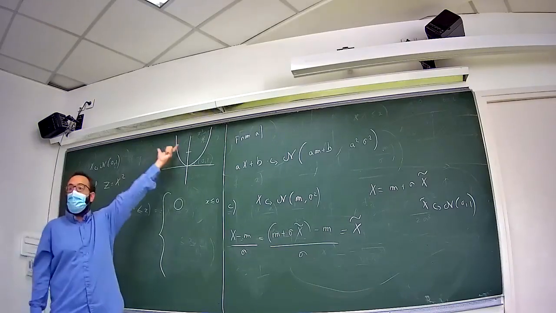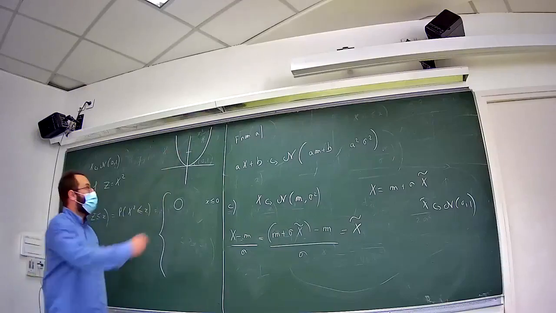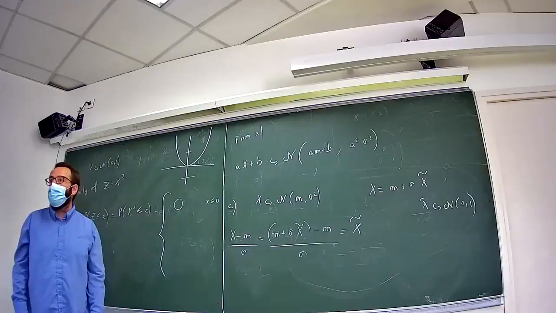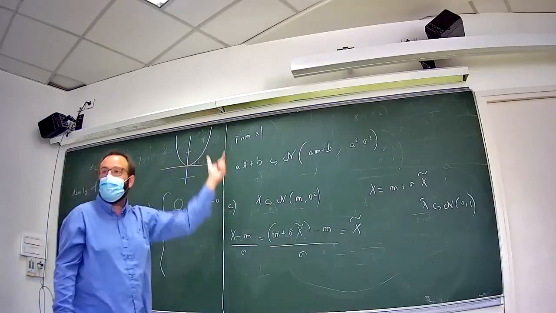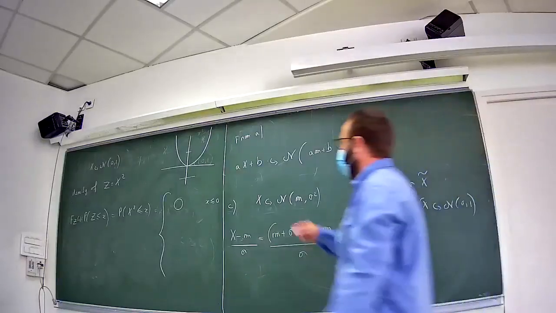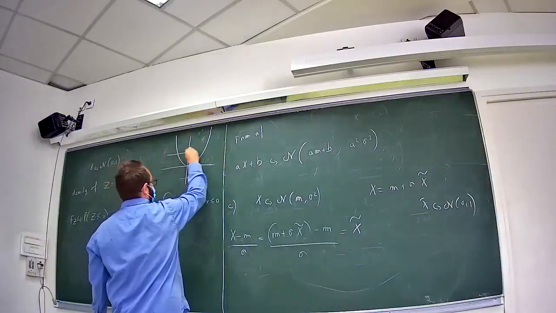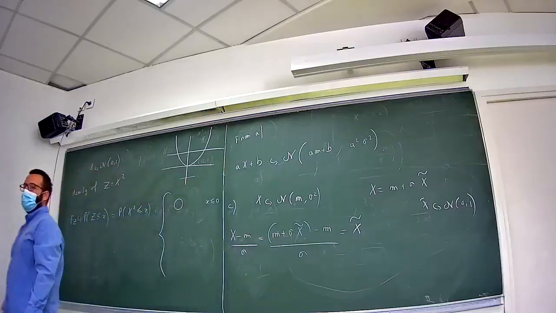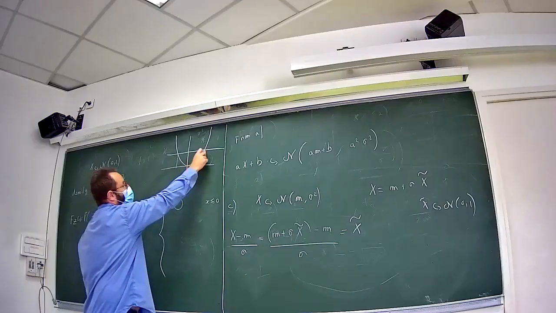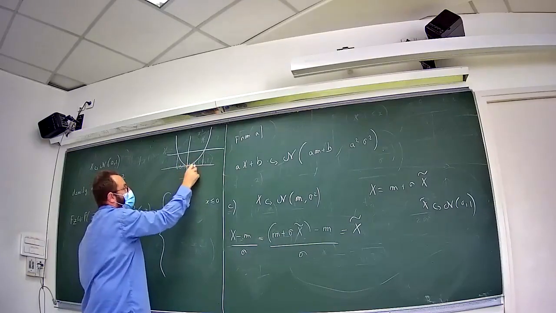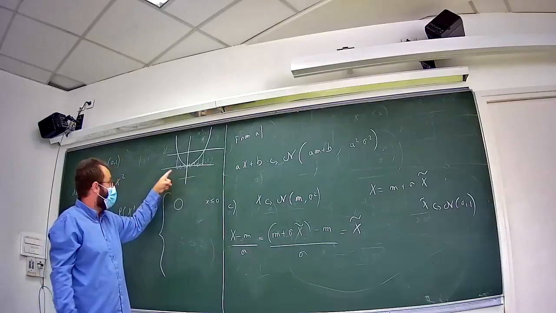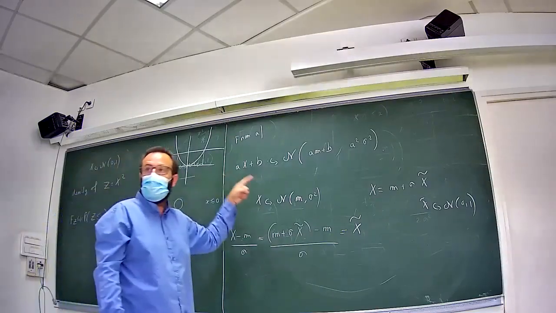If I see my curve here, that is the curve of the square, and I ask you when it is strictly less than this level, but nowhere, because it is positive. But now if I use something that is strictly positive, if I tell you when the square is less than this level, you see that you have this interval here, with the square root of x here, and minus the square root of x here.